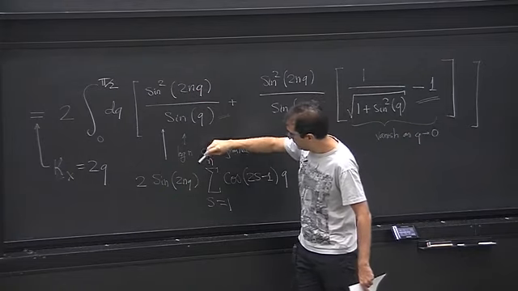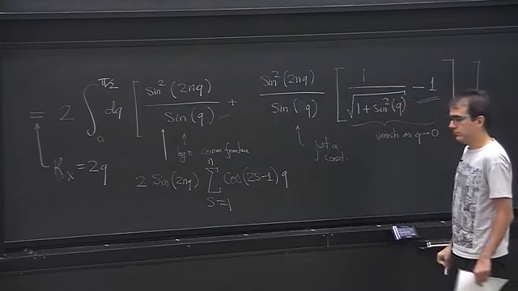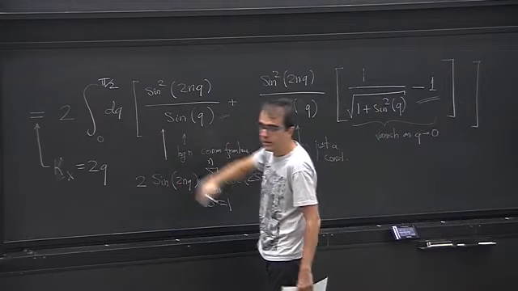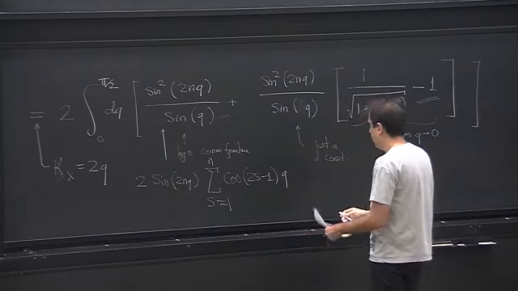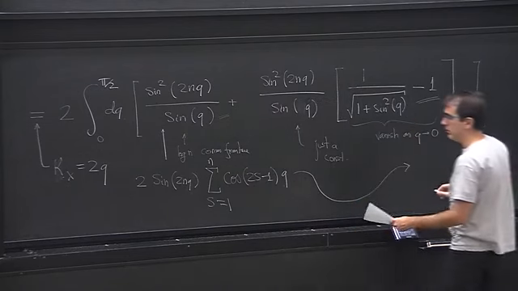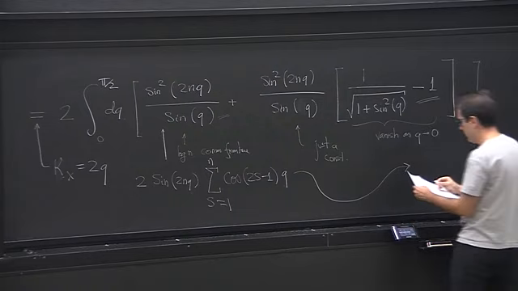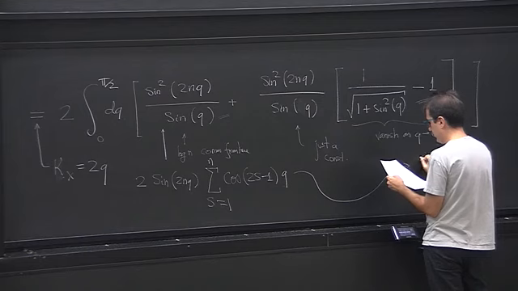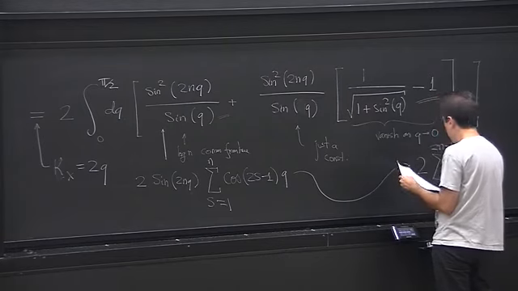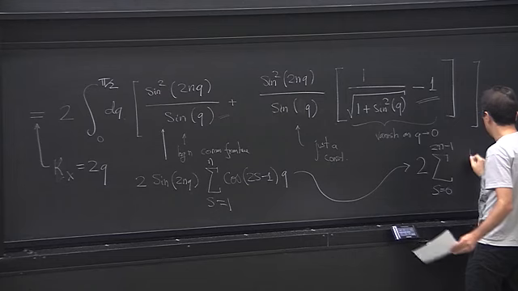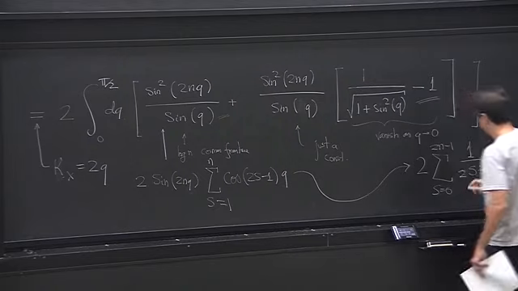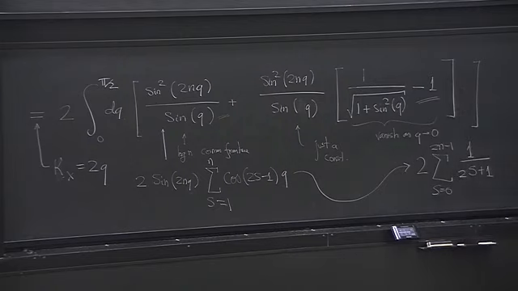That sine over sine can be written trigonometrically like this. And now I just have a product of two trigonometric functions that I'm integrating. So this we know how to integrate. And therefore, this term, after integration, this here, gives me twice sum from s equals 0 up to 2n minus 1 of 1 over 2s plus 1. Okay. This is no approximation so far.